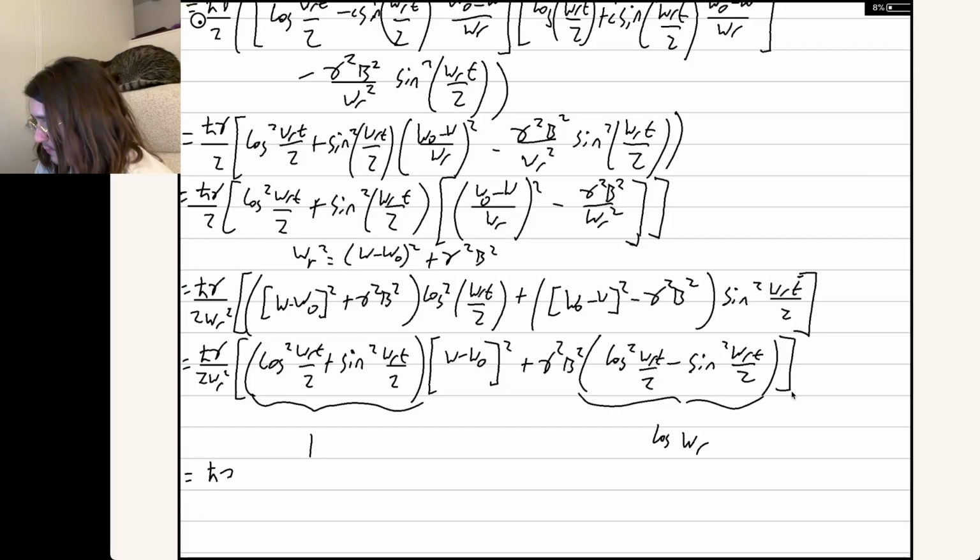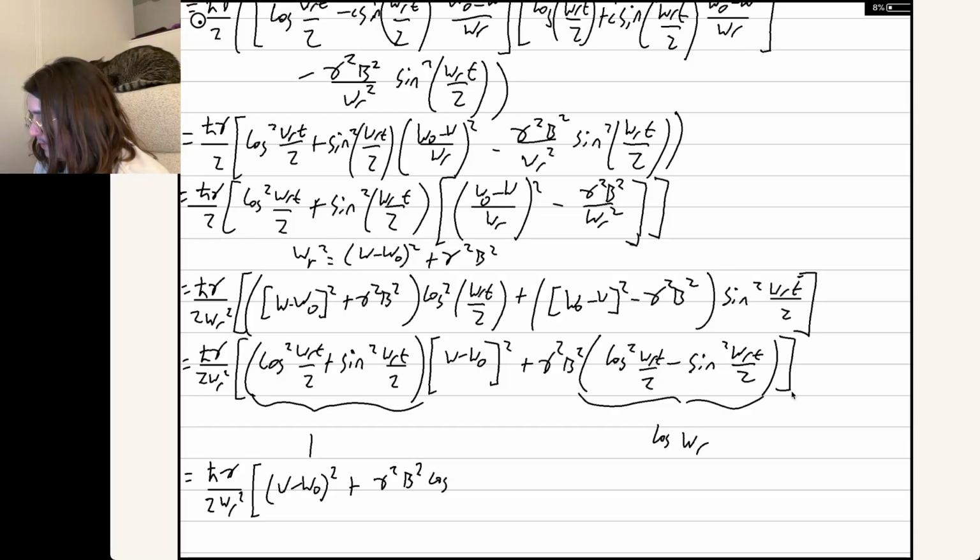Finally, we'll have h bar gamma over 2 omega_r squared, times omega minus omega naught squared and then gamma squared b squared, that was going to be cosine omega_r t.